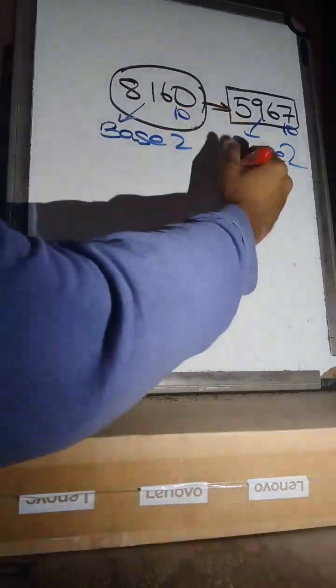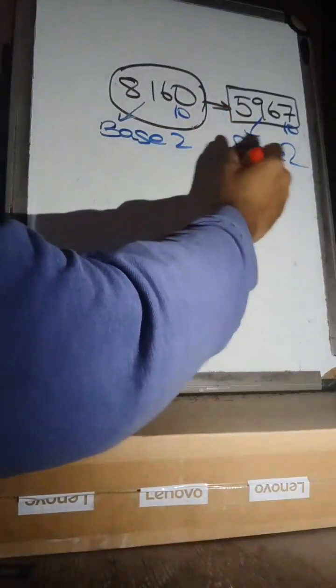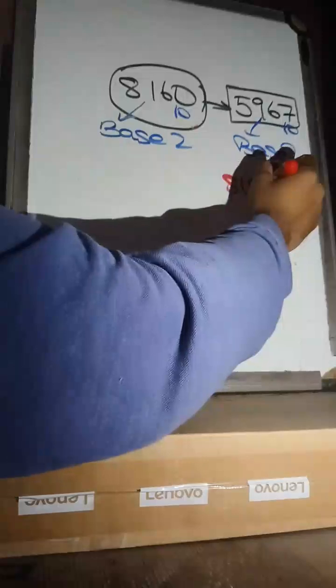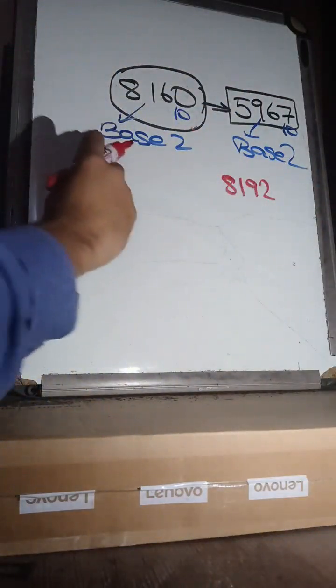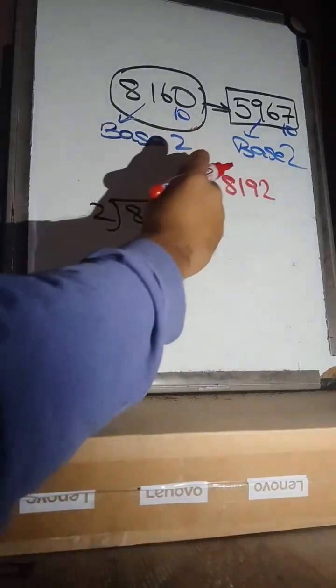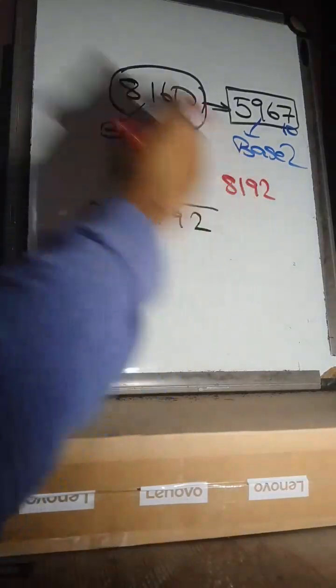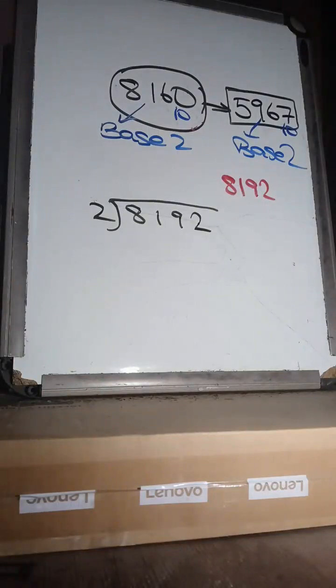Yeah, man. See there? Alright, so watch this now. We have the number 8192. Yeah? Now let me divide it by 2 just to be sure that one does make sense.